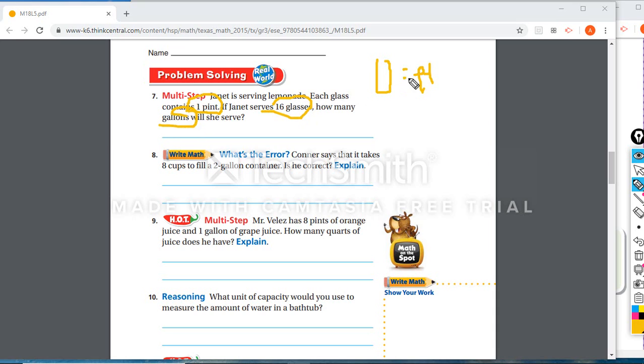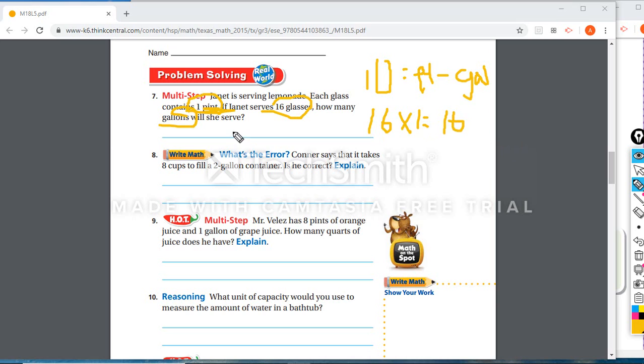So I'm going from pints to gallons. 1 glass equals 1 pint. So if she serves 16, well, 16 times 1 equals 16. So she has 16 pints, right?